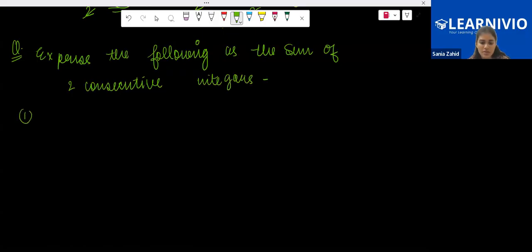What are the questions? 21 square, 11 square and 19 square. Okay, so children, please do this question.